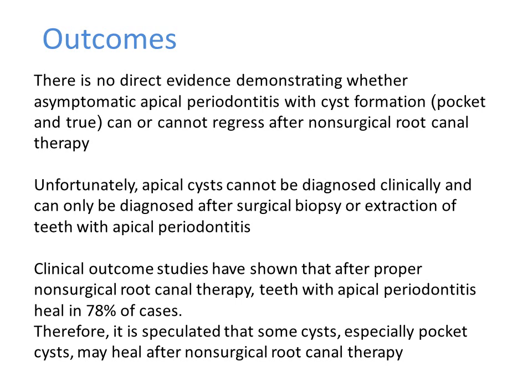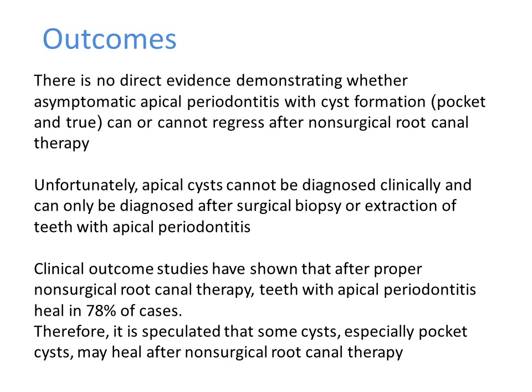Sometimes with the root canal therapy it will be resolved, sometimes you have to extract the tooth. So it is not clear. Unfortunately, apical cyst cannot be diagnosed clinically, can only be diagnosed after surgical biopsy or extraction of the tooth with apical periodontitis. As I mentioned before, you can never guess.